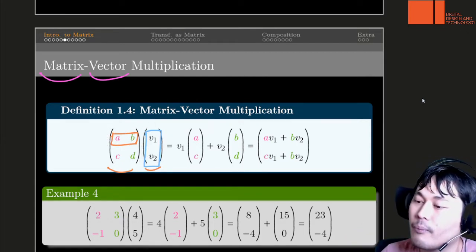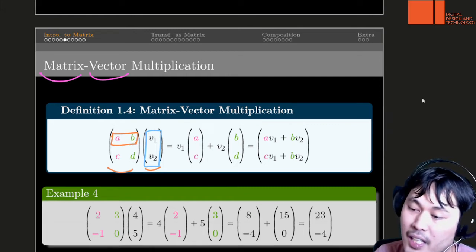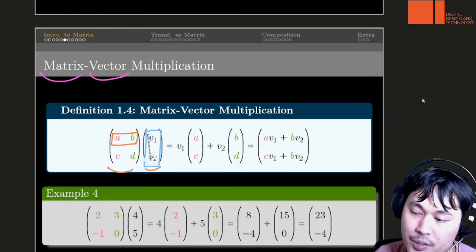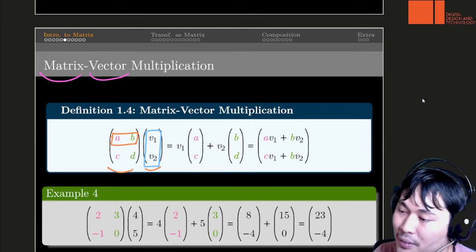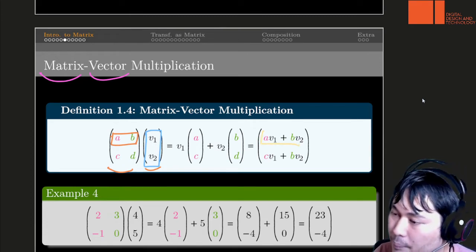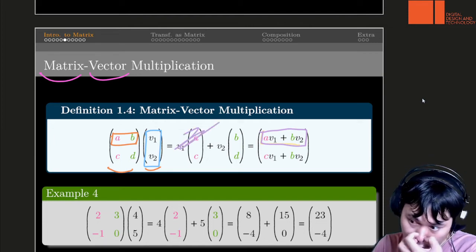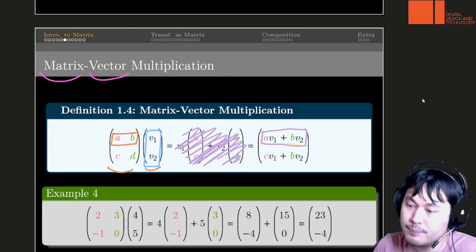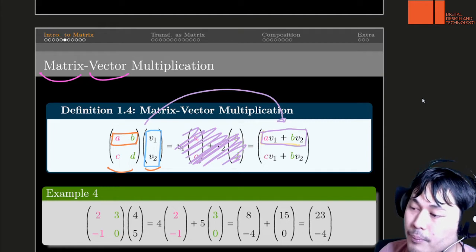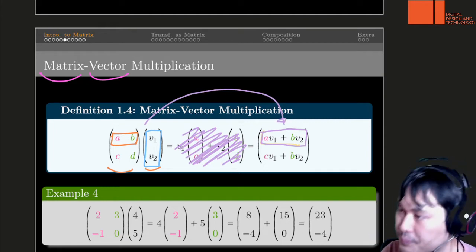And then in this case you multiply A and B to V1 and V2, and the result is A times V1 plus B times V2. If you ignore the middle for a moment, that's the result of matrix multiplication.